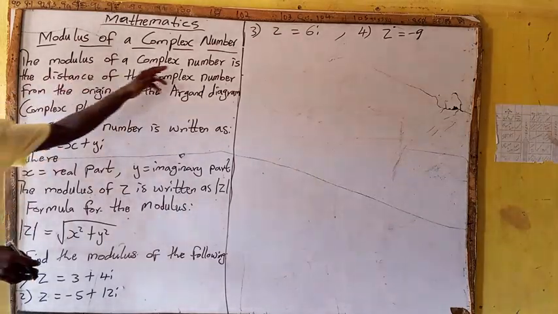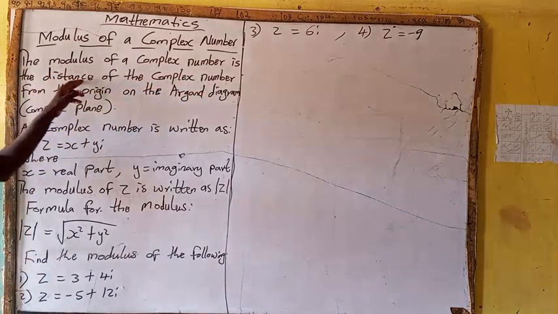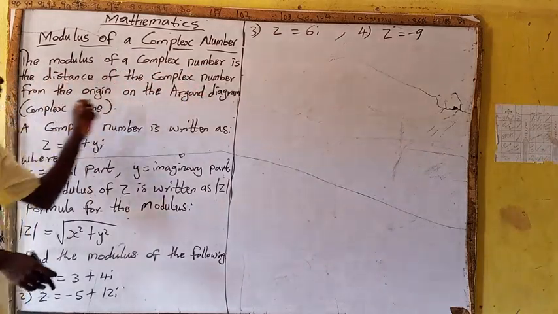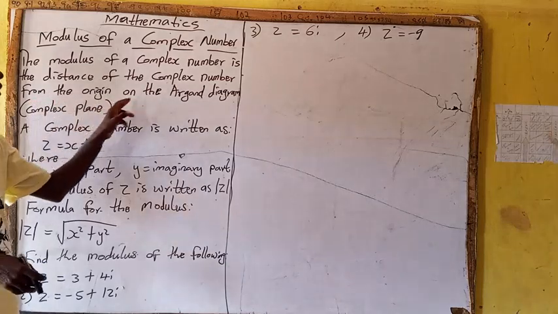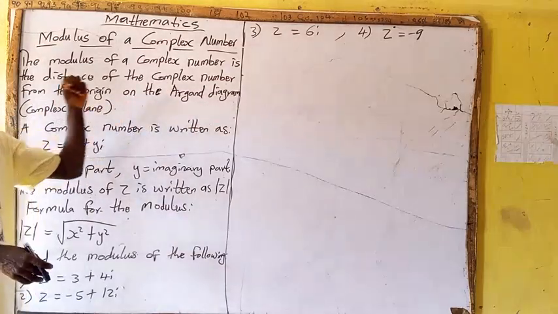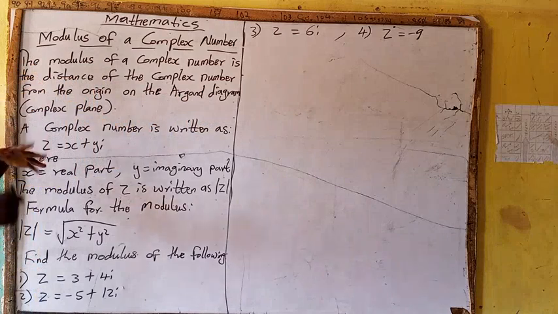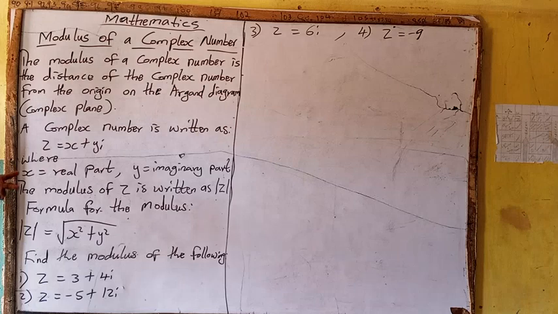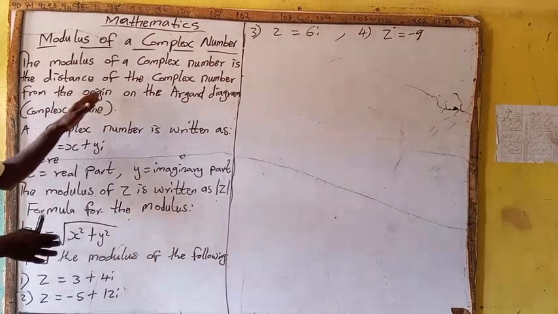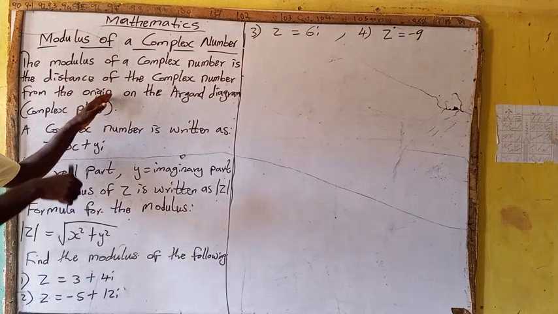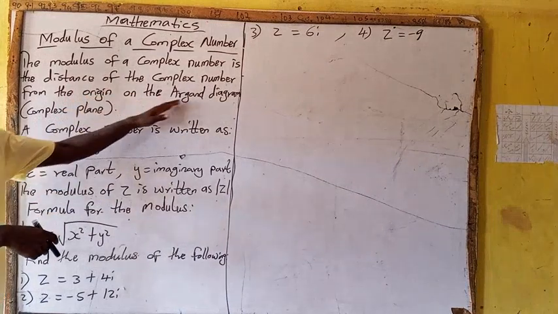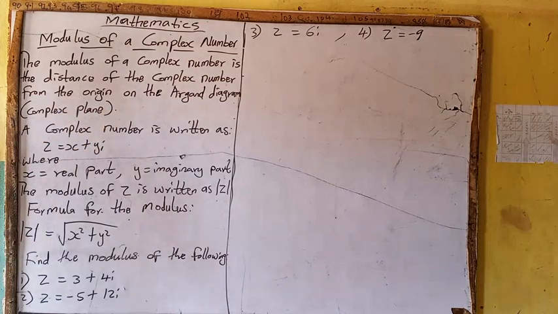The modulus of a complex number is the distance of the complex number from the origin on the Argand diagram. I've taught you the Argand diagram. So we are talking about the distance between the complex number and the origin, the 0 point on the Argand diagram complex plane.